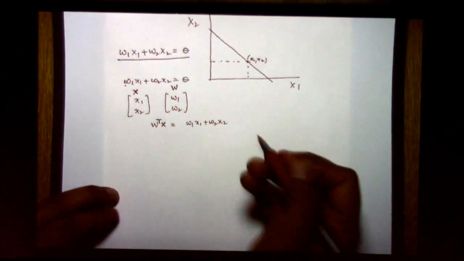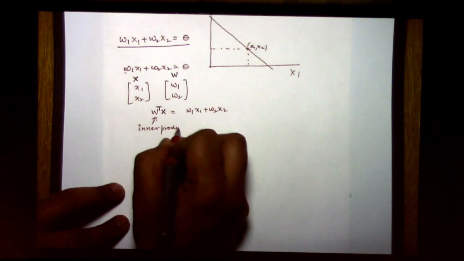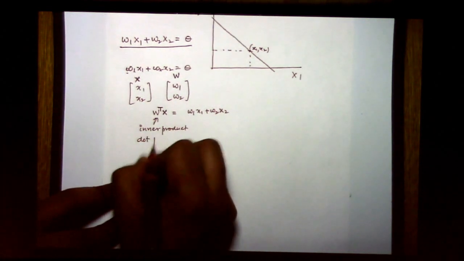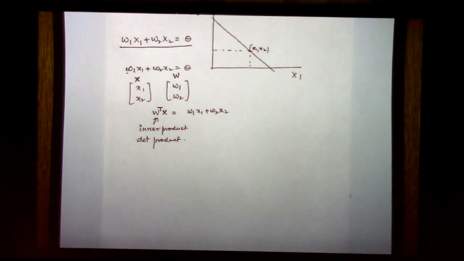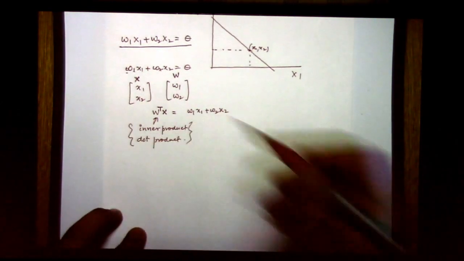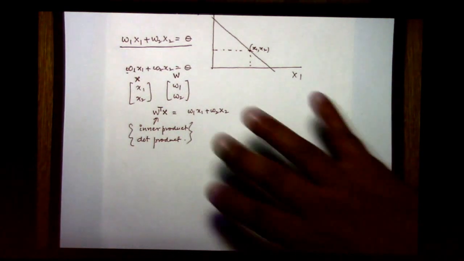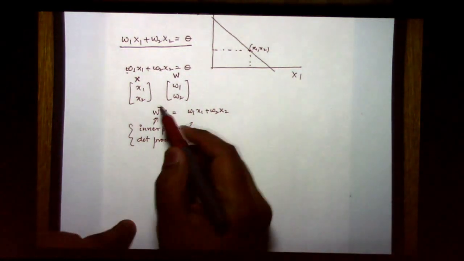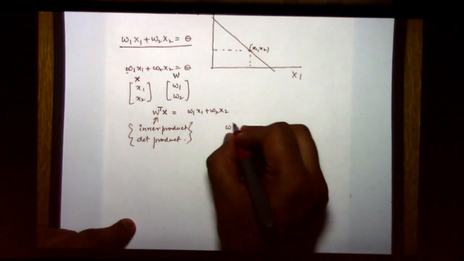This is just a notation. This is also called an inner product or a dot product. I'm assuming you're all familiar with this, but just to make sure that we have covered all the bases. So you can think of this as the equation of the line. You can also express it as this.